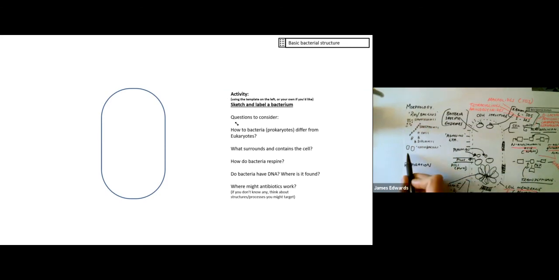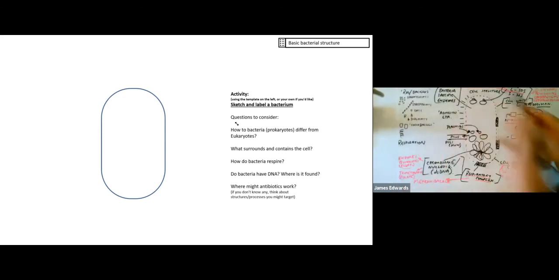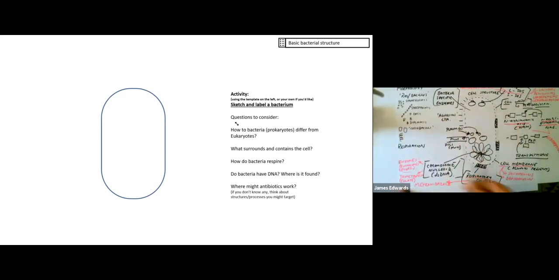You have spiral cells, so spirochetes, and there's a few other things to note. And what about respiration? Well, the key thing is to note that we have both aerobes, anaerobes, and then those in the middle that can do a bit of both. And these are facultative anaerobes.